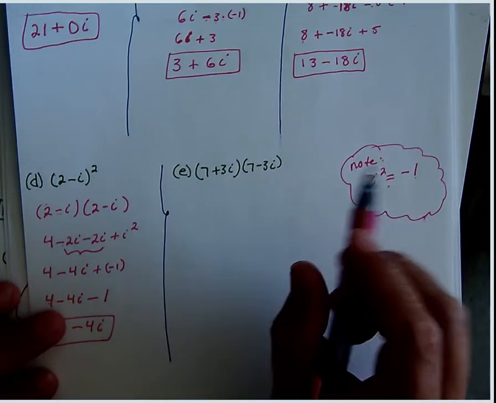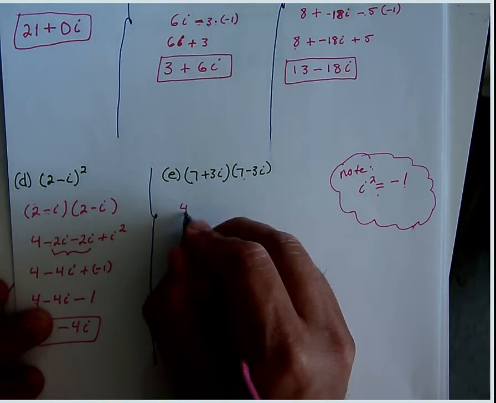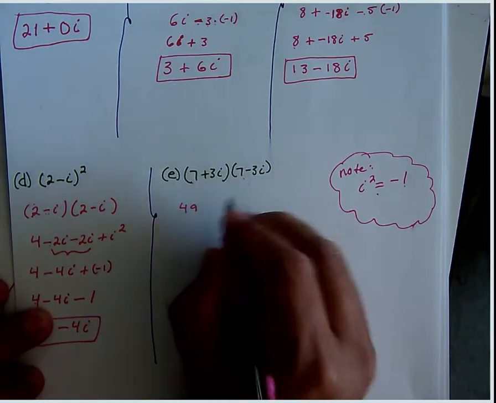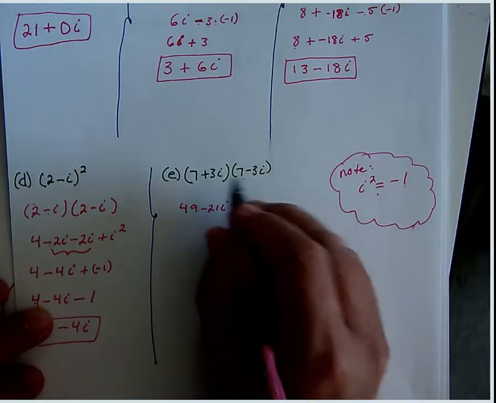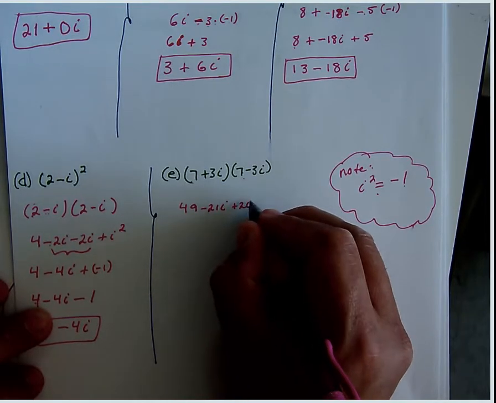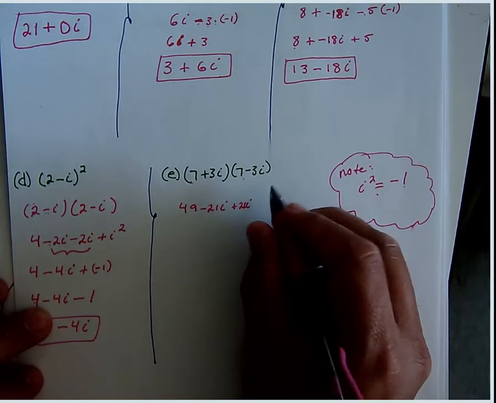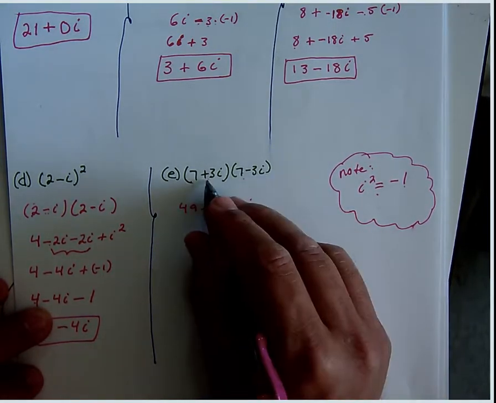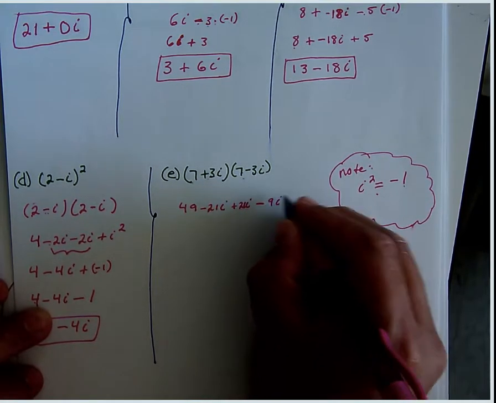Now this one. So again, 7 times 7, 49. 7 times 3, negative, so negative 21i. 3 times 7, positive this time, would be positive 21i. And then this times i would be negative 3 times 3, 9, i squared.